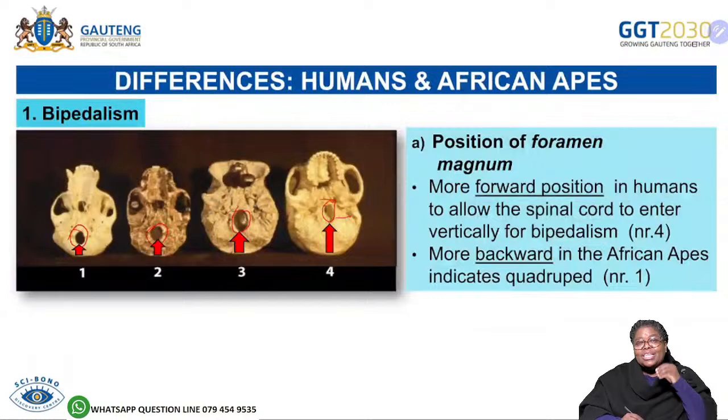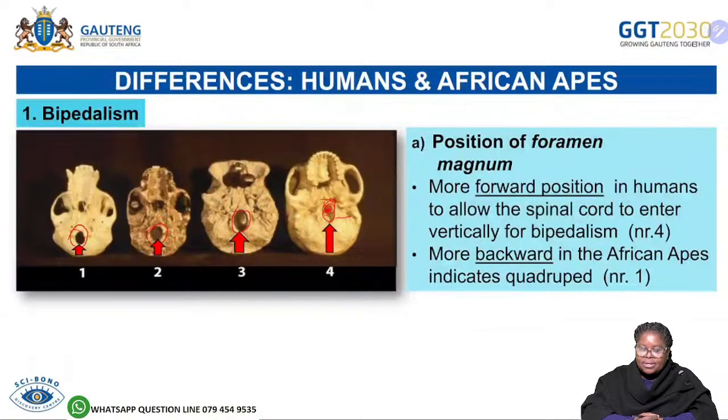So that the spinal cord can enter this foramen magnum vertical. When the spinal cord enters this foramen vertical, then it qualifies the organism to be bipedal.